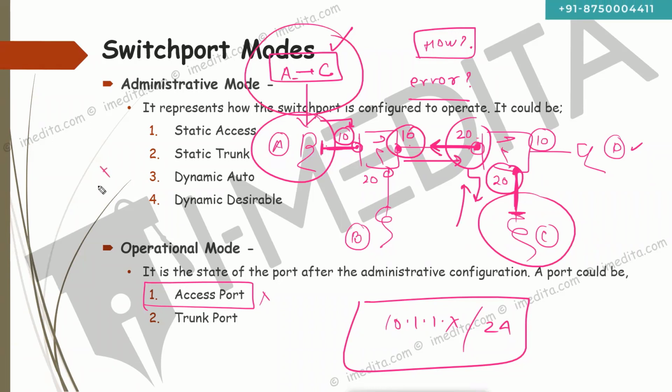It's not inter-VLAN routing, by the way, just in case you are wondering. It is not called inter-VLAN routing. So yes, VLAN 10 can communicate with a VLAN 20 user in this type of situation. Same if I put this port in VLAN 20, if I put this port in VLAN 10, then 20 to 10 communication will start happening.